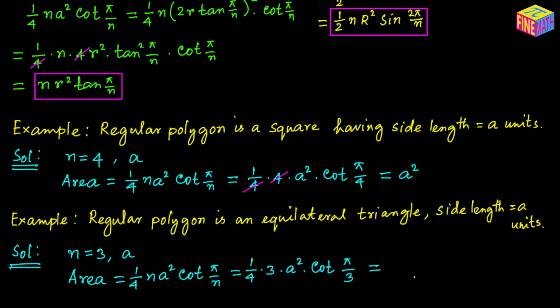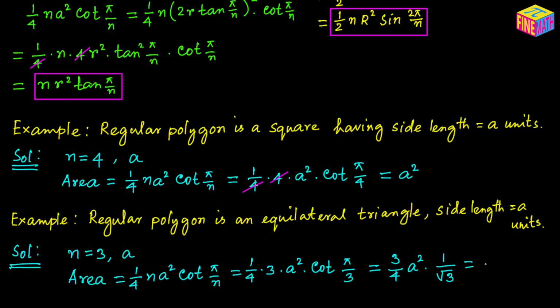Well, that is actually cosine of pi over 3 over sine of pi over 3. Now pi over 3 is 60 degrees, so cosine of 60 degrees over sine of 60 degrees will be equal to 1/2 divided by root 3 over 2, and that will be equal to 1 over square root of 3. So this can be written as 3 over 4 times a squared times 1 over square root of 3, and that will be equal to square root of 3 over 4 times a squared.